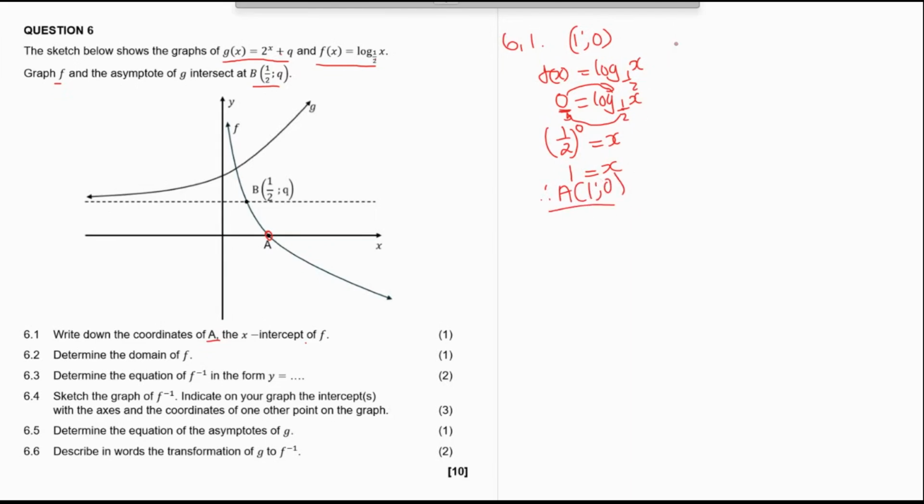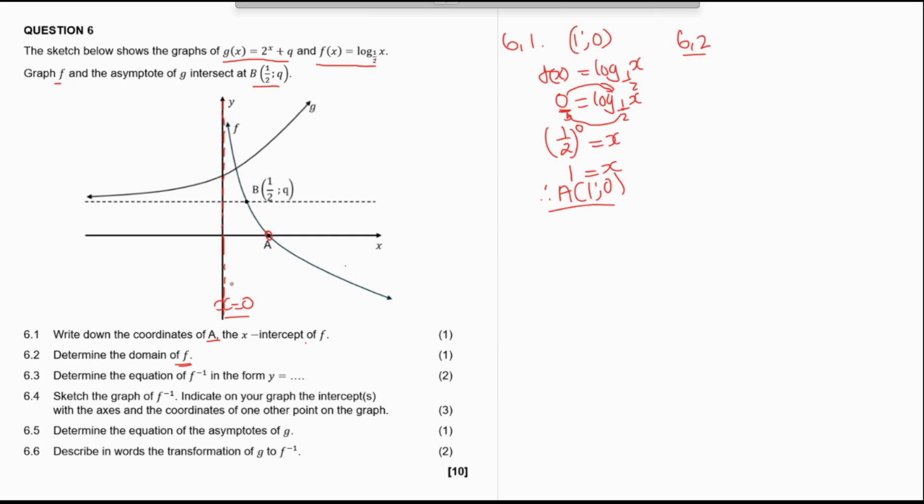Then 6.2, determine the domain of f. This is f, and this is the vertical asymptote of f, which is x is equal to 0. The graph is approaching the asymptote but will never touch it, so 0 is not part of the domain. Remember, for domain, we're looking at the x values.